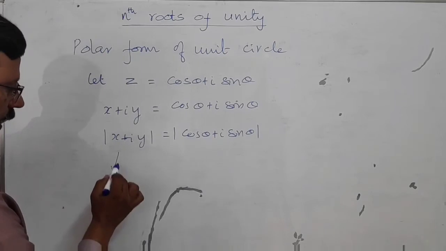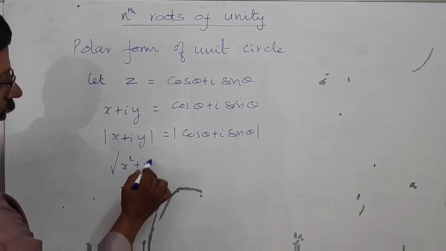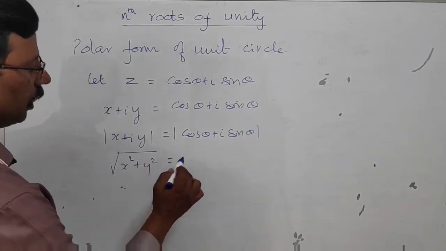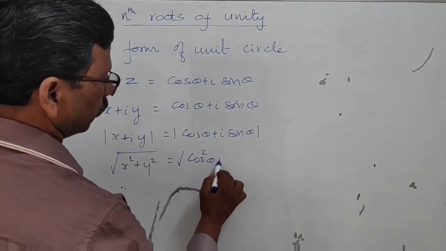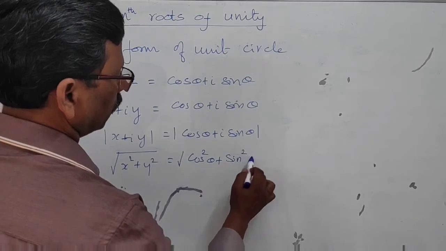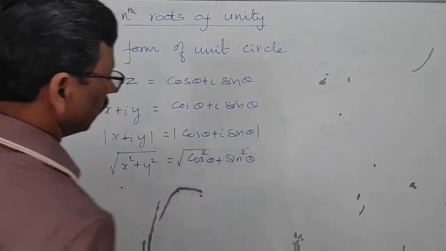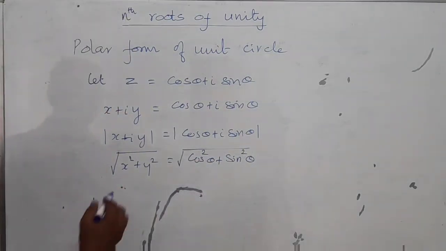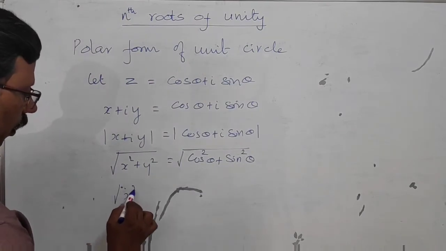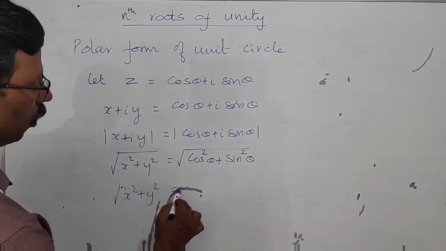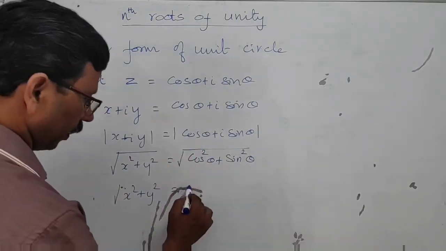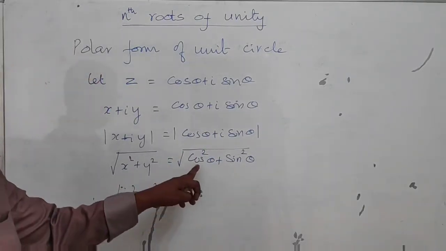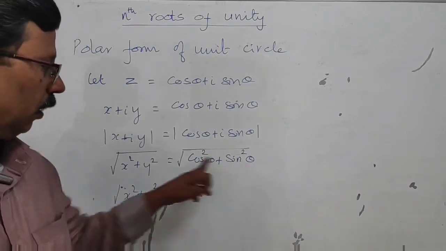Now the modulus of this is equal to root of x square plus y square, which is equal to root of cos square theta plus sin square theta. Now the value of cos square theta plus sin square theta is equal to 1.